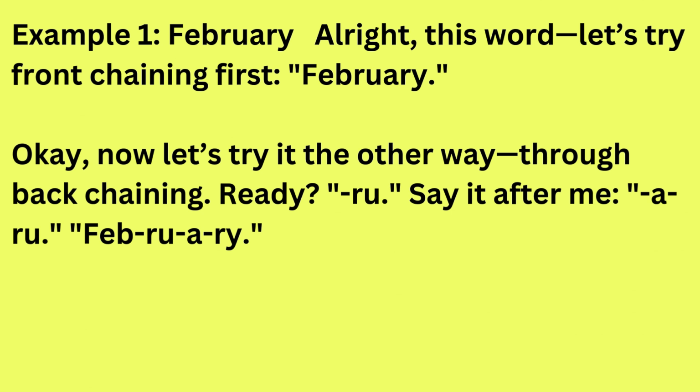Example 1. February. All right, this word, let's try front chaining first. February. Okay, now let's try it the other way, through back chaining. Ready? Rue. Say it after me. A rue.